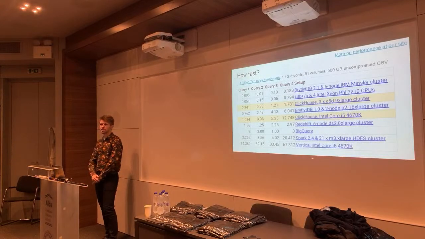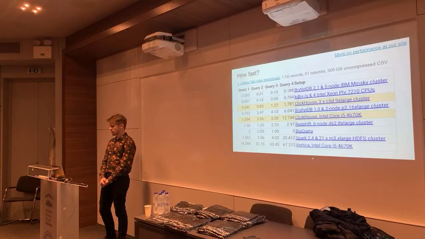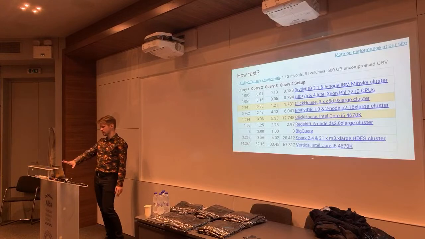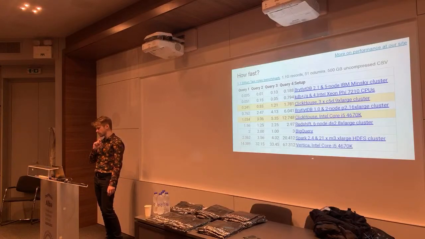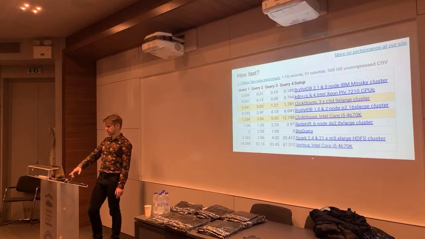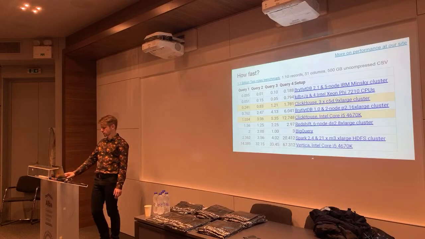I've been saying that ClickHouse is fast, but how fast exactly? There are a lot of benchmarks, but we like to refer to a nice set of independent benchmarks by Mark Litvinchik. He uses the 1 billion taxi rides benchmark. This is 1 billion records, 50 gigabytes of compressed CSV, 51 columns. And he performs some simple analytical queries on this data.